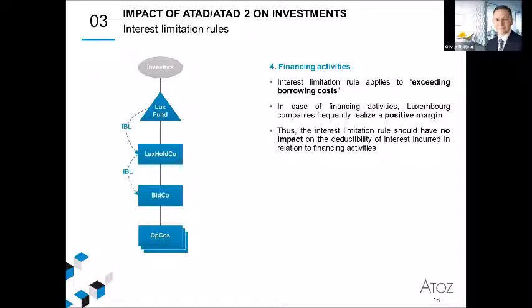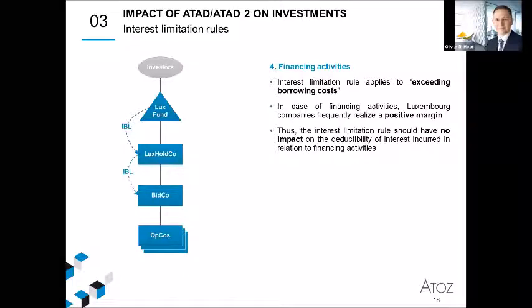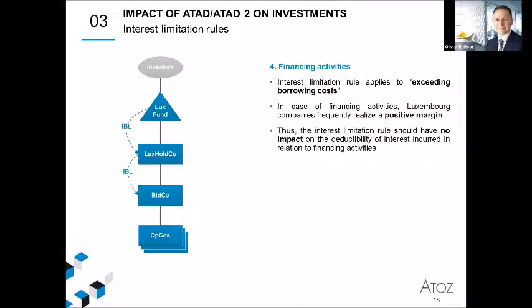That means, say Luxco realizes 5.2% of interest, and the arm's length finance margin would be 0.2%, and then the fund would charge 5% under the loan granted to Lux Holdco, and here Lux Holdco would realize a 0.2% margin. Since we have more interest income than interest expenses, we do not have exceeding borrowing costs, we have exceeding interest income. And therefore here, as far as it concerns financing activities, we do not have any concern with the interest limitation rules.